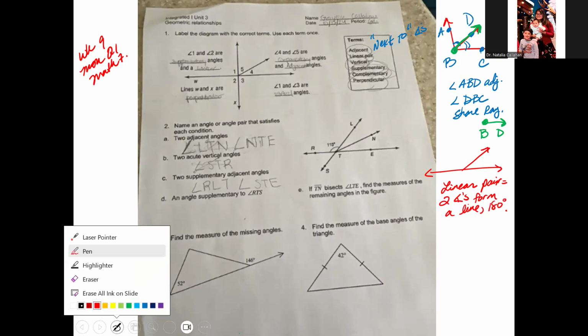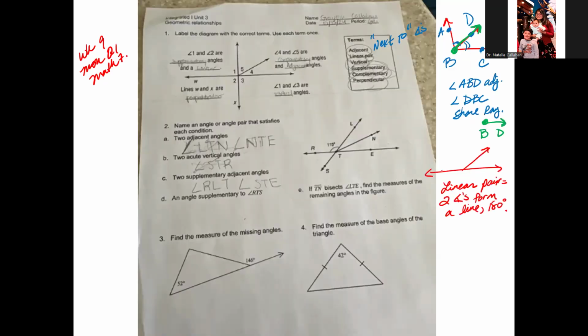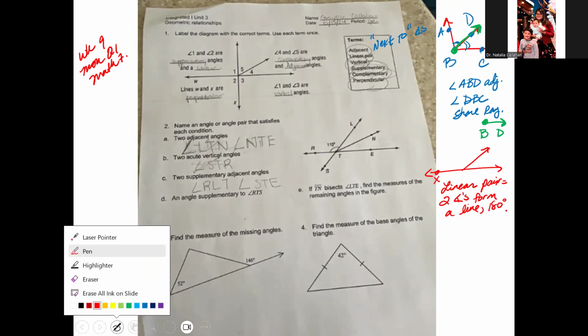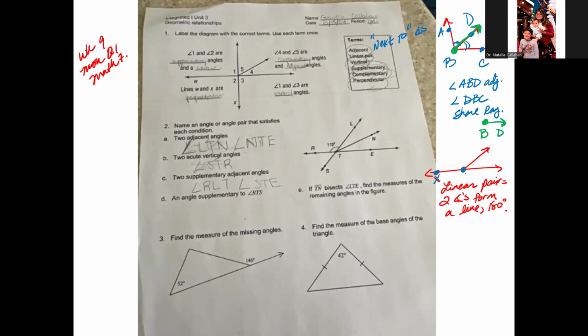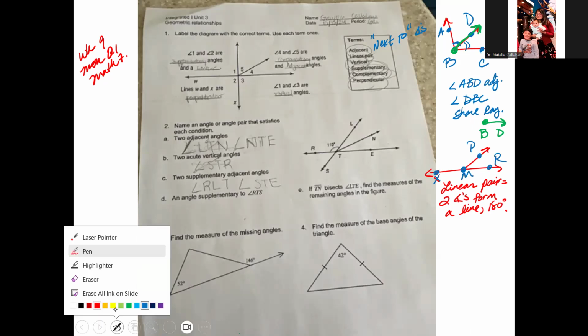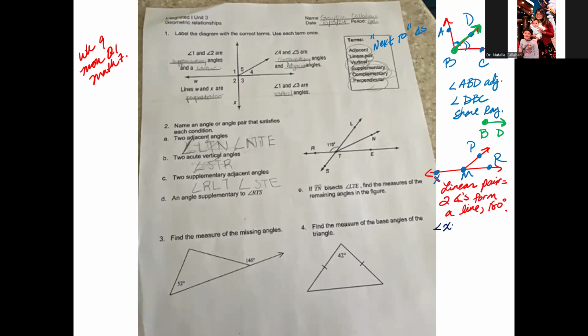So if I were to label this, let's call this one X, M, P, R. Your angle here will be angle X, M, P, and angles P, M, R are linear pairs, right? Another way of saying linear pair is also supplementary angles. They're the same thing, okay?